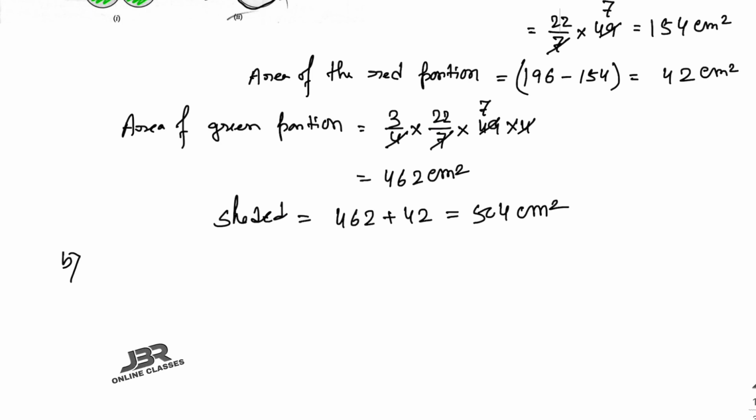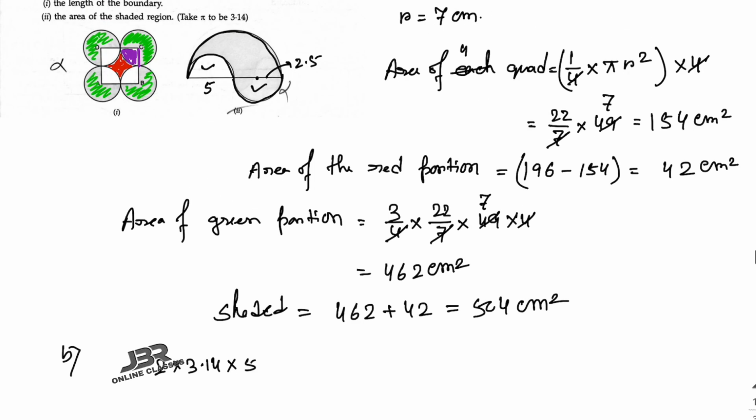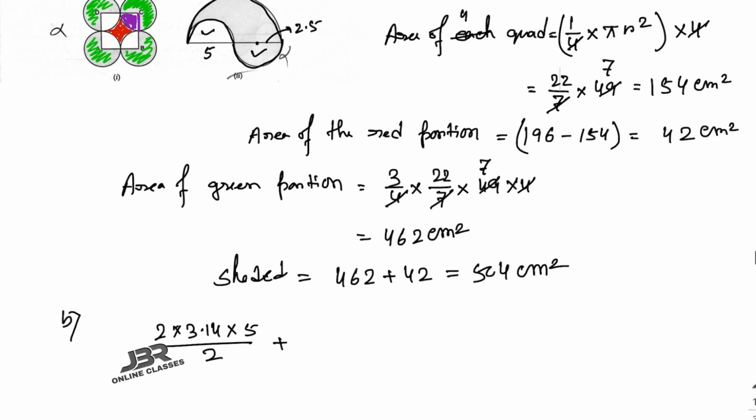So that means here 2 pi, pi means 3.14, and r means 5, then by 2. And plus 2 into, as here there are 2 semicircles, so 2 into the circumference of the smaller one. Smaller one means pi, 3.14, 2.5, by 2, and here into 2.